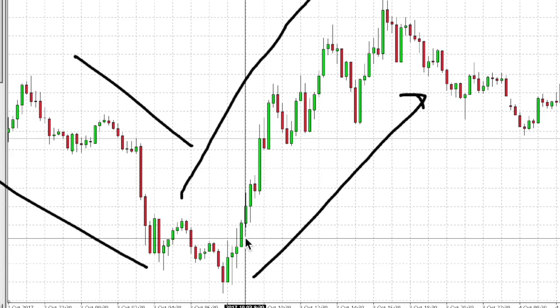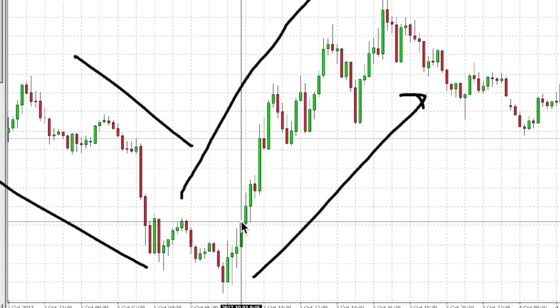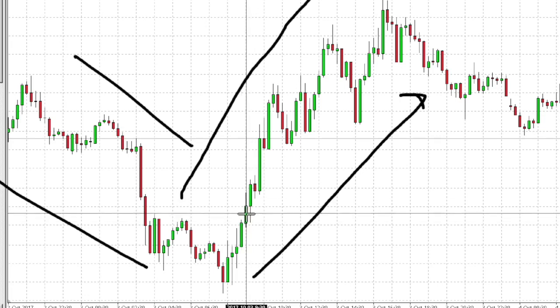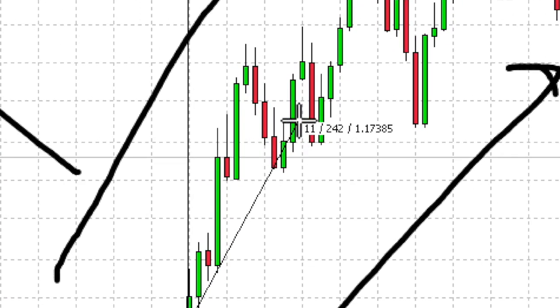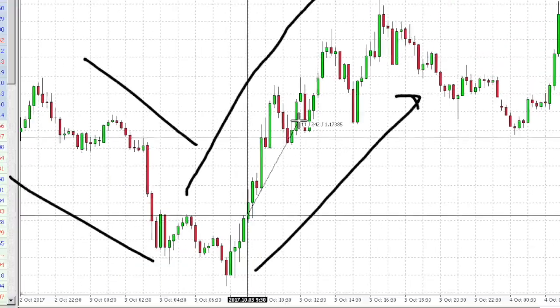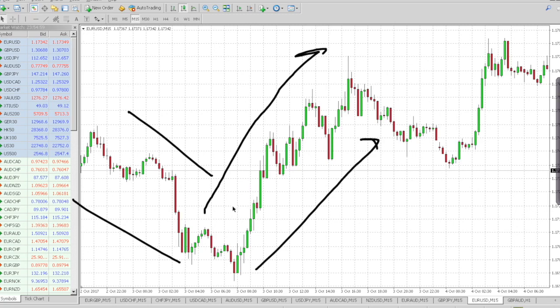I'm just showing you how many pips we capture, right? So I could enter here, for example, as a day trader, and I capture something like about there, right? I can see 242 at the center, so that's 24 pips, right? So I buy somewhere here, and there I'll sell somewhere here, right?